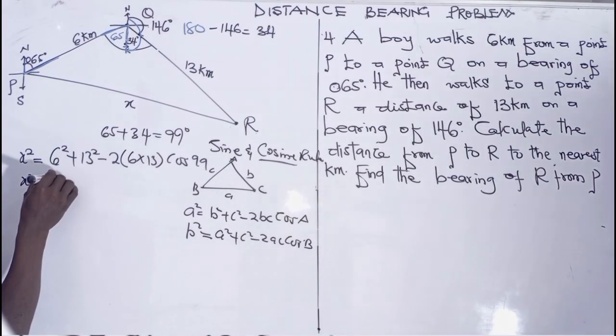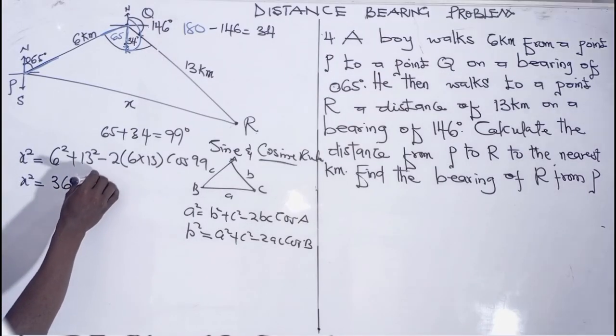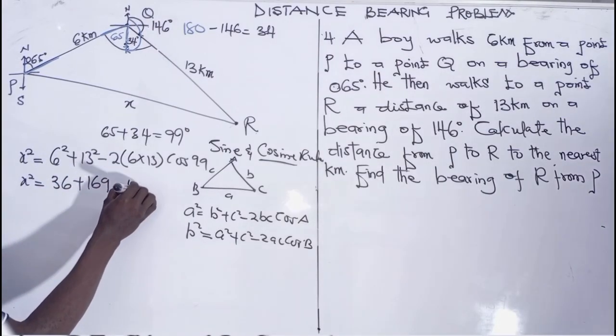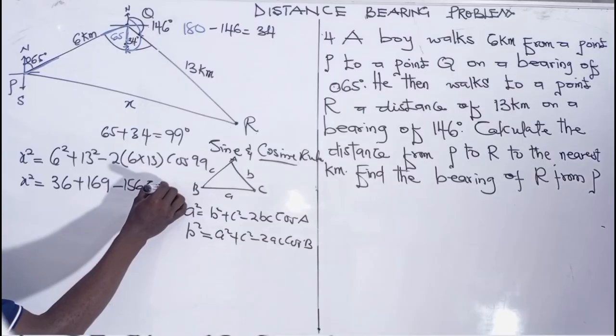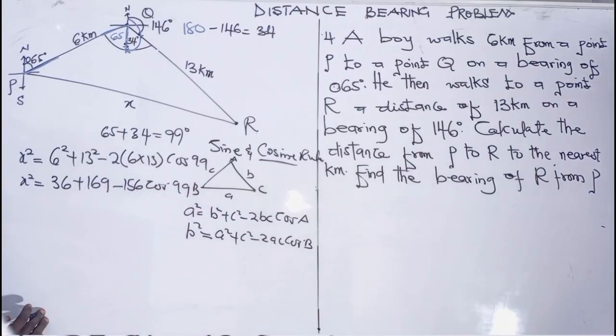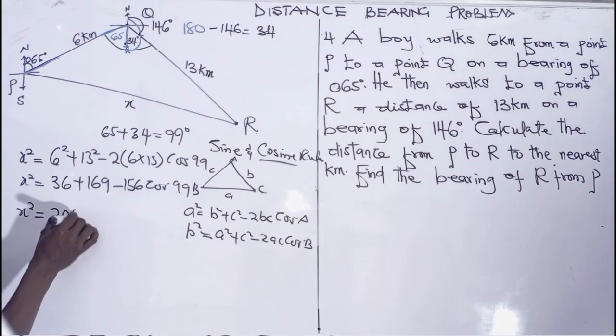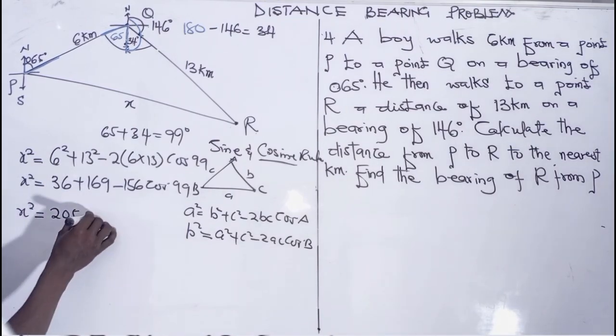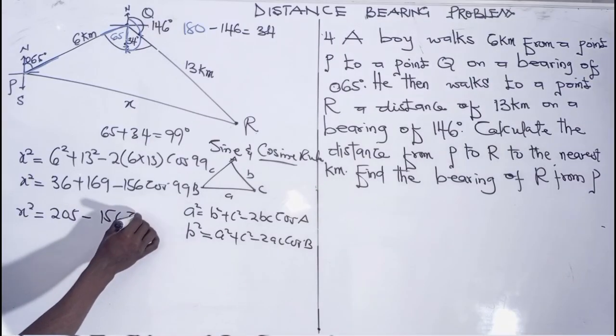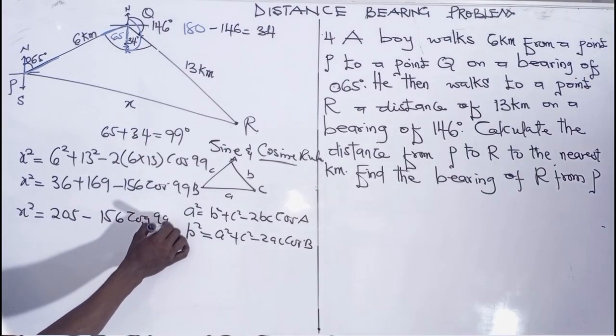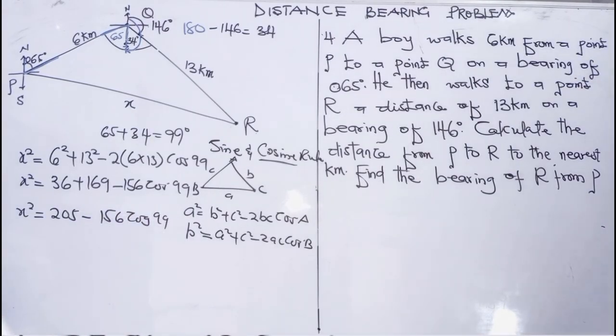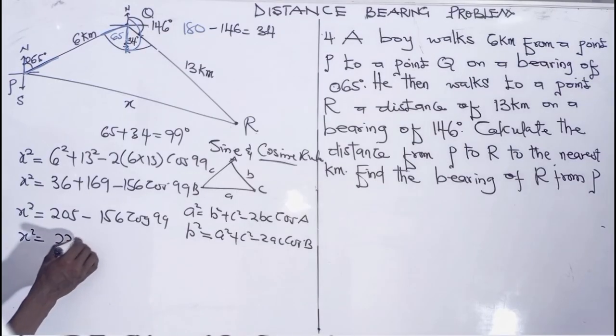This will give us 36 plus 169 minus 156 cos of 99. So we have our X squared is equal to 205 minus 156 cos of the angle 99. When you punch all of this on your calculator, you are going to get 229.